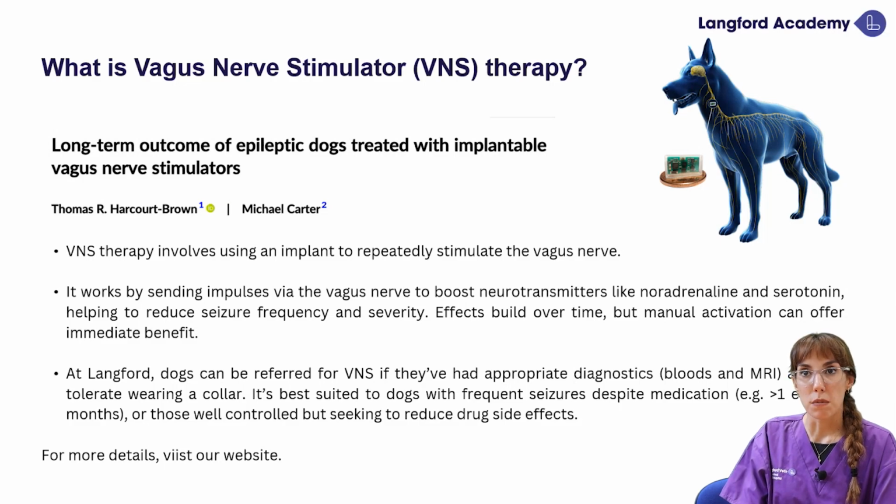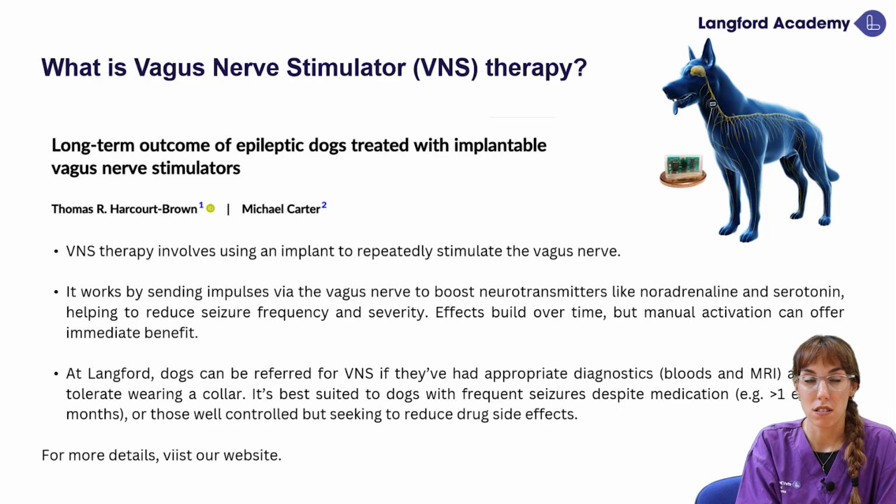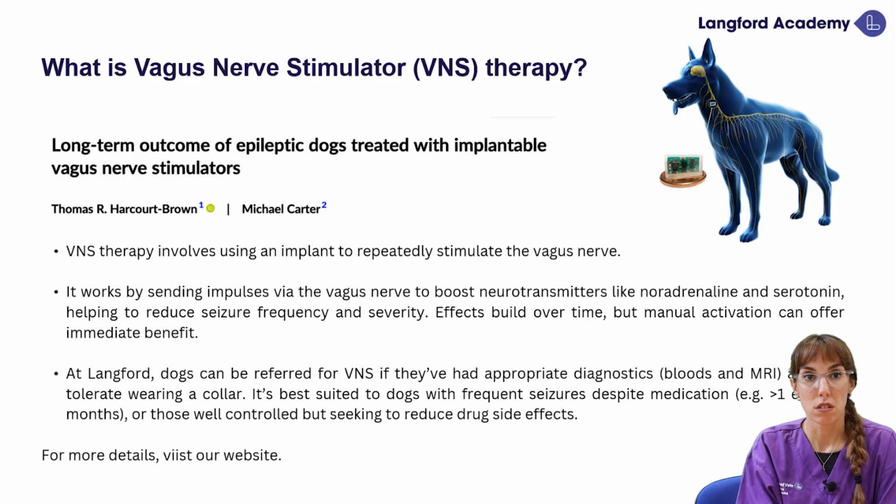So the VNS stimulator is basically a stimulator that is placed surgically onto the dog's neck, and it stimulates the vagus nerve, and it sends impulses through the nerve, boosting neurotransmitters such as serotonin and noradrenaline, and it helps reduce seizure frequency and severity. It can act on a constant basis, but you can also, with a remote control, ask for impulses to be sent in the event of seizure activity.